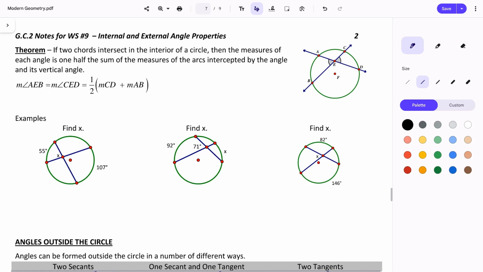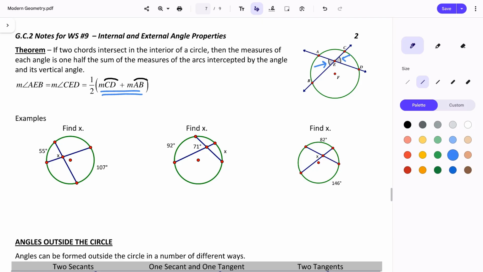This is actually missing the arc symbol, so if you want to add that into your rule, those should have those symbols. At least mine's missing it. I don't know if yours are. But if we can add the two arcs together, and cut that in half, that is going to give me the measurement of both of those angles. Because they're vertical, their measurement should be the same. So they're naming them AEB, that's this side of the vertical angle, and then CED is the other side.